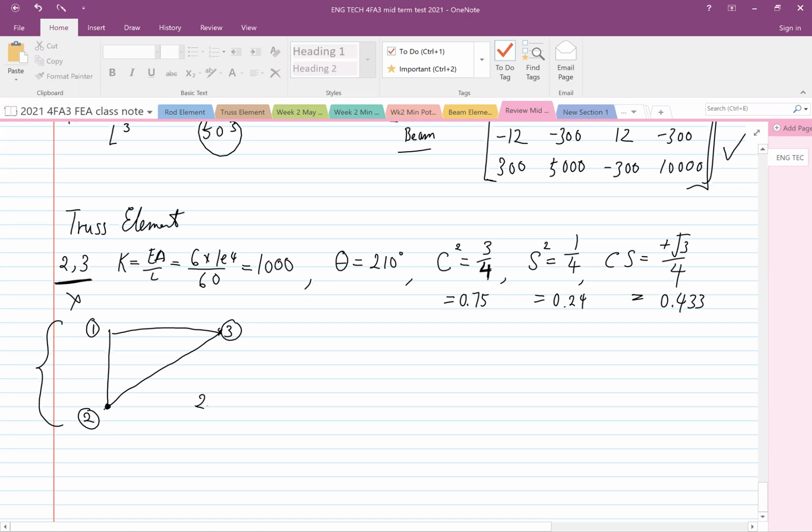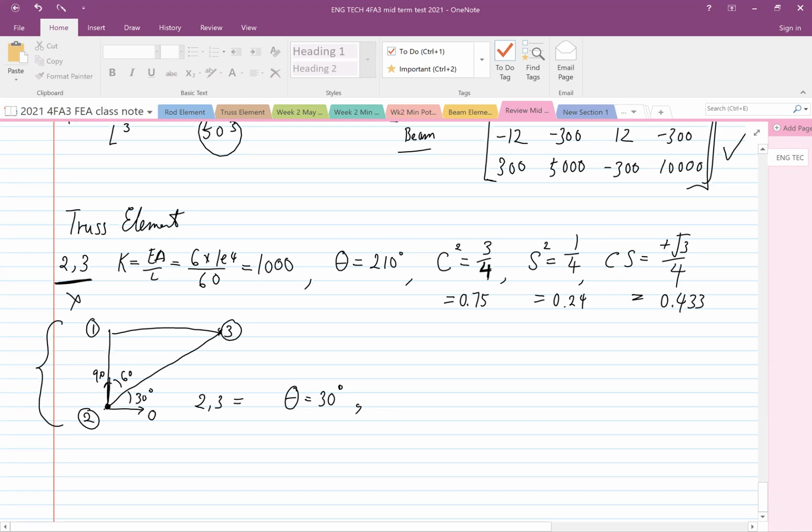Okay, 2 to 3, and then the k values, theta for 2 to 3 will be 0, 90, and then because this is 60, so 2 to 3 will be 30.